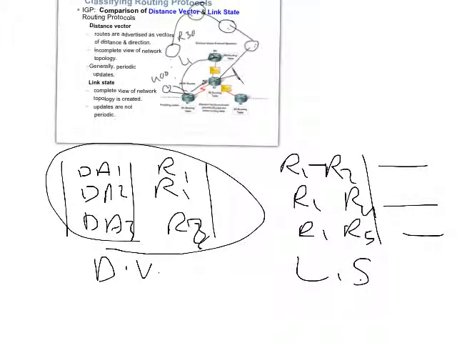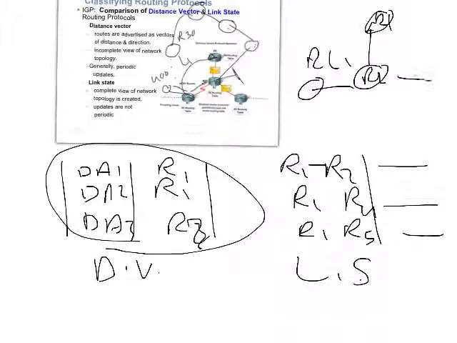So you don't have a routing table per se. You have a lookup table of all the links. So if I want to know all the neighbors of router 1, I can know it. Router 1 is connected to router 2 and router 4 and router 5.